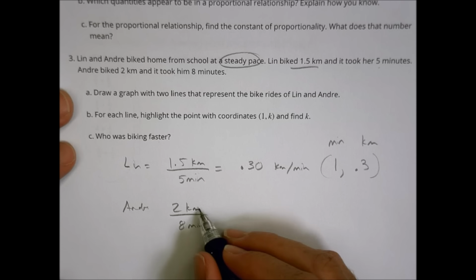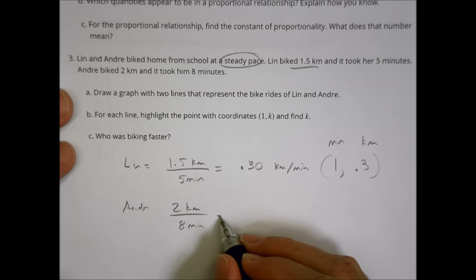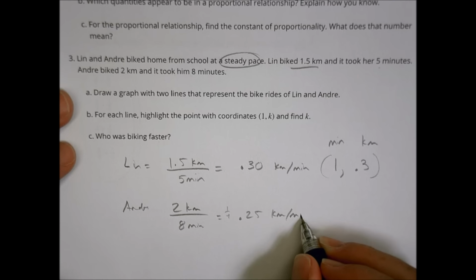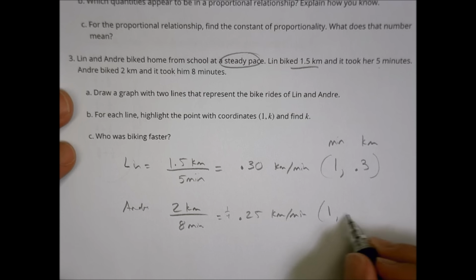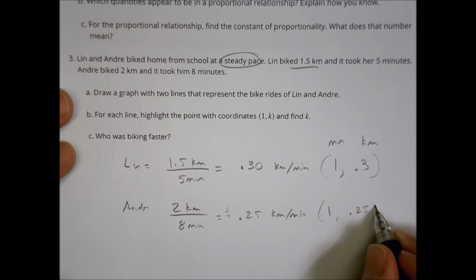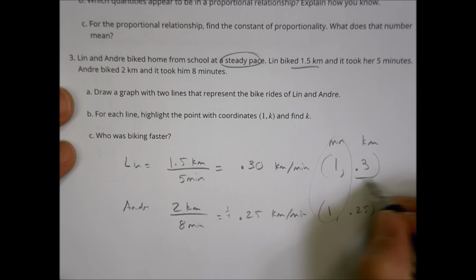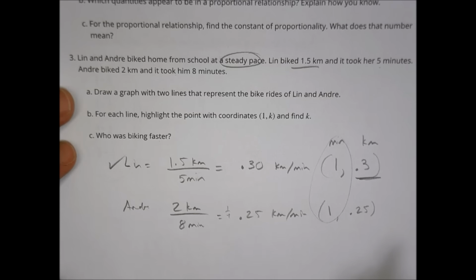For Andre, 2 over 8, which is 1/4, becomes 0.25 kilometers a minute. So after 1 minute, he's gone 0.25 kilometers. So after 1 minute, who's gone the furthest distance? Well, that'd be this one right here. Lynn is going faster because she's gone further in less time.